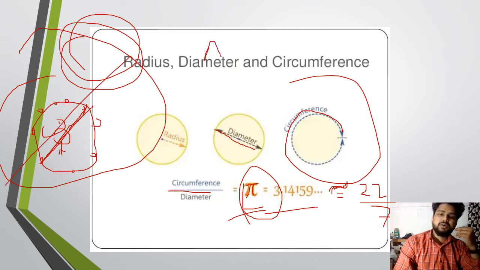That constant is called pi, which is equivalent to 22 by 7. You can note it down, or I will provide you this slide, or PPT.